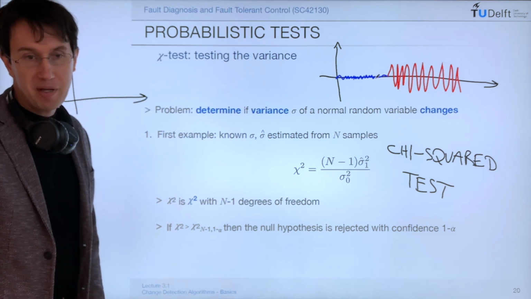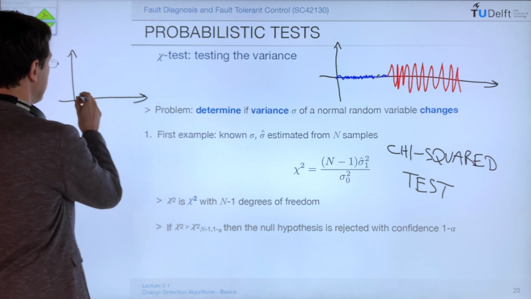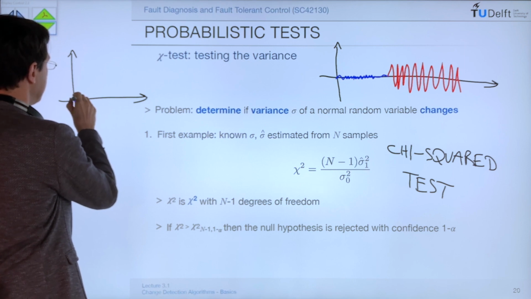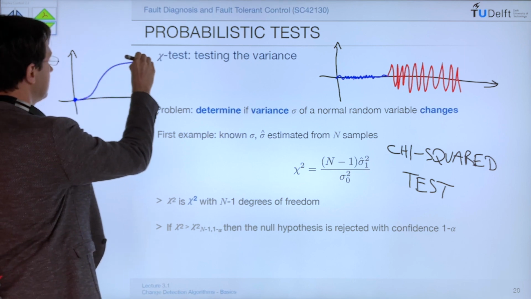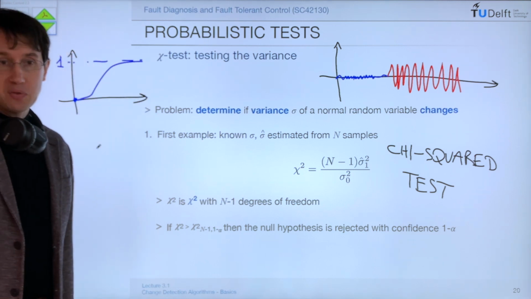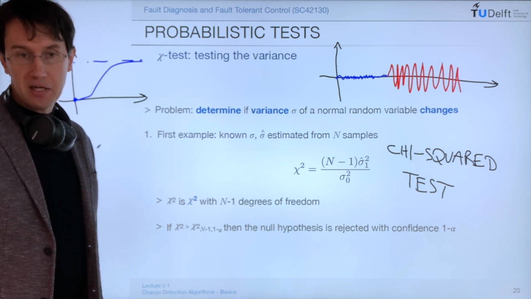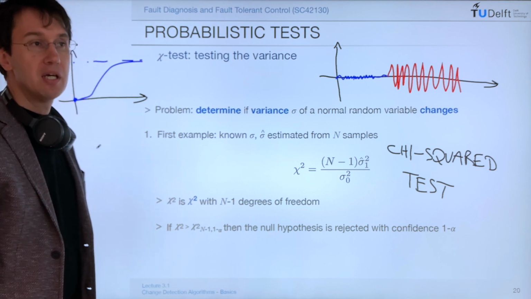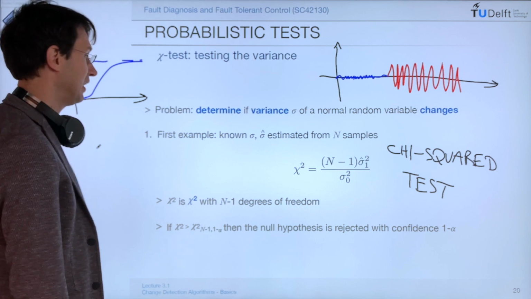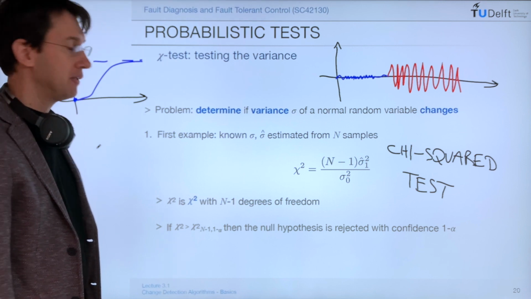I don't remember the exact shape of that, so my drawing is not accurate. But anyway, the CDF is 0 at 0, and then saturates to 1. So one way to implement the test could be as before, to compute the p-value and check if the p-value is smaller than alpha, where 1 minus alpha is your significance level.